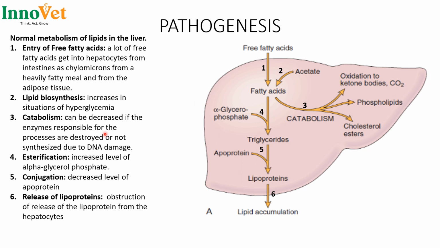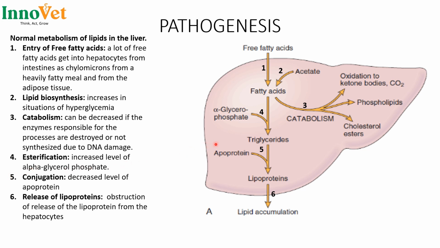Then the catabolism: if enzymes that are responsible for converting these fatty acids to ketone bodies or to phospholipids or to cholesterol esters are destroyed or denatured, these processes can be cut off, which will lead to an accumulation of fatty acids, and consequently these fatty acids will follow step number 4.